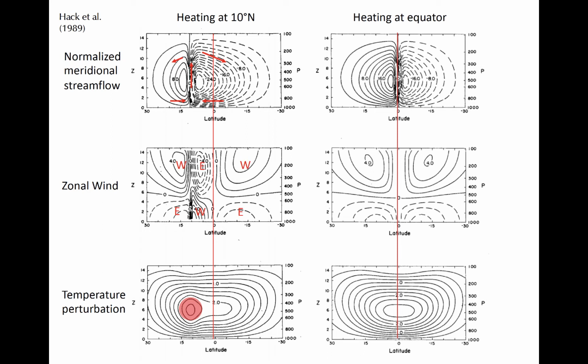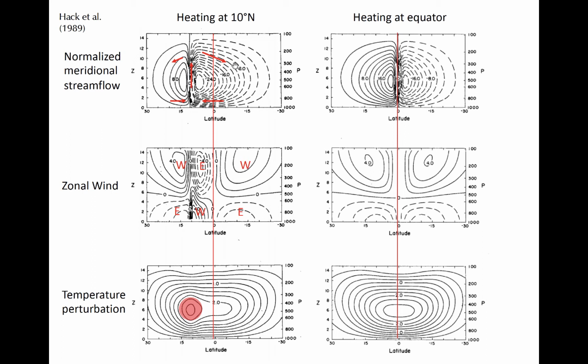On the left is the resulting flow if the latent heating is centered at 10 degrees north, now well north of the equator, which is still the red line, a common occurrence during boreal summer. In this case, the summer hemisphere's Hadley circulation is weakened, while the cross-equatorial branch is relatively much stronger. We can see this in the stream function shown at top left.